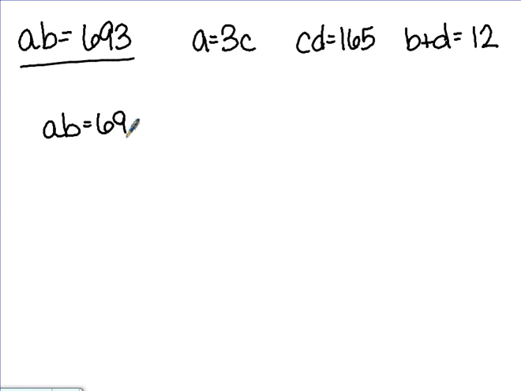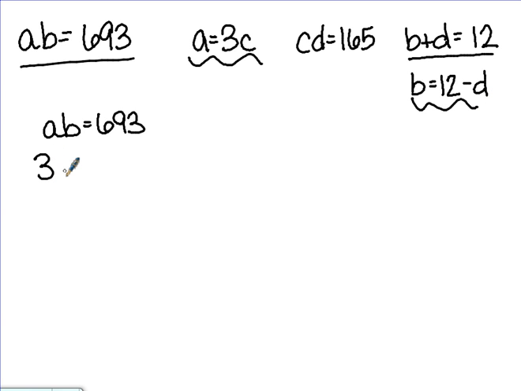The reason I'm going to use that is because I know what A is equal to, and in this equation over here, I can solve for B. If I subtract D from both sides, I have B equals 12 minus D. So now I know what B is. I can substitute 3C in for A, and I can substitute 12 minus D in for B. So if we substitute that, we have 3C times 12 minus D.